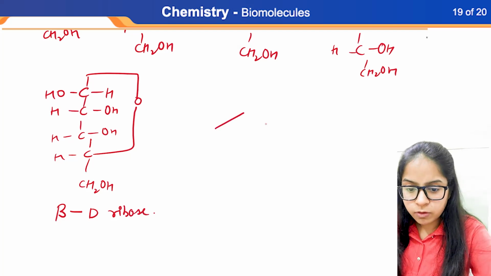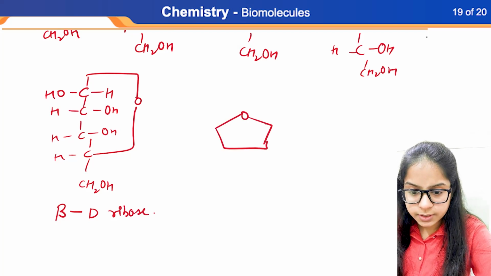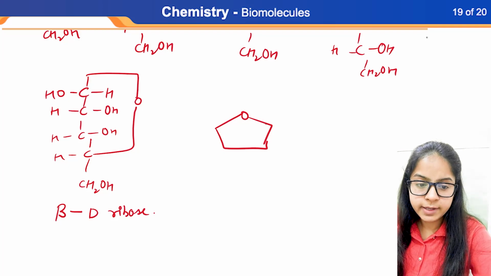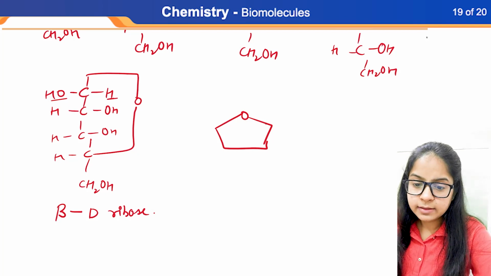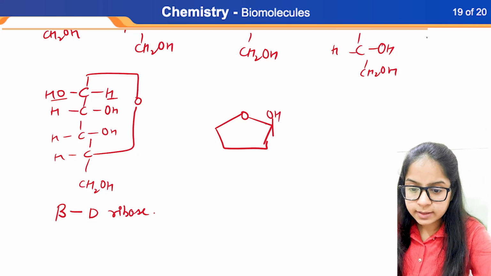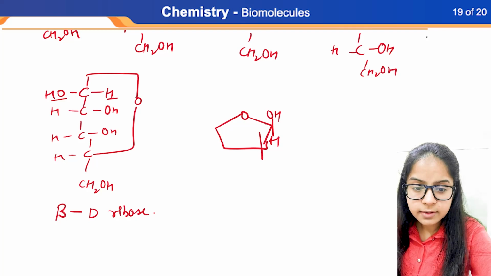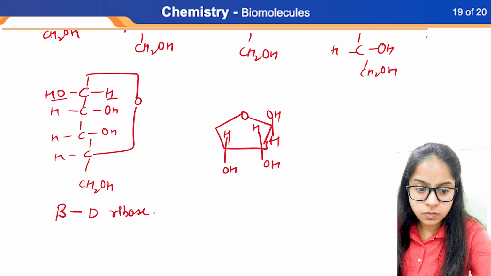Now, if I form a furanose kind of structure, this is furan. Furan is a 5-member ring. Here, this one is H on the upside. Sorry, right down. Right means down. OH, H. Again, OH, H. H, OH, CH2, OH.